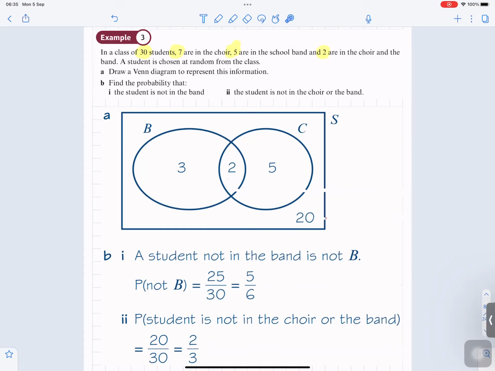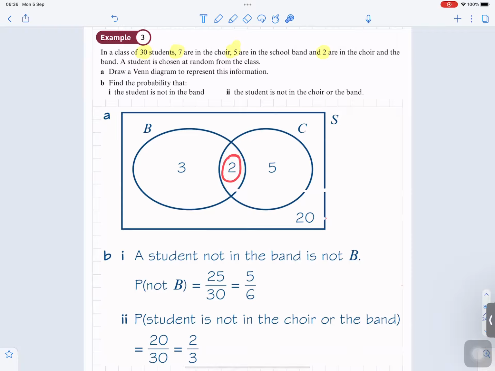So we have the rectangular box that represents the sample space, everything. So we write S there, the sample space. The number which are both in the band and the choir is found in the intersection.